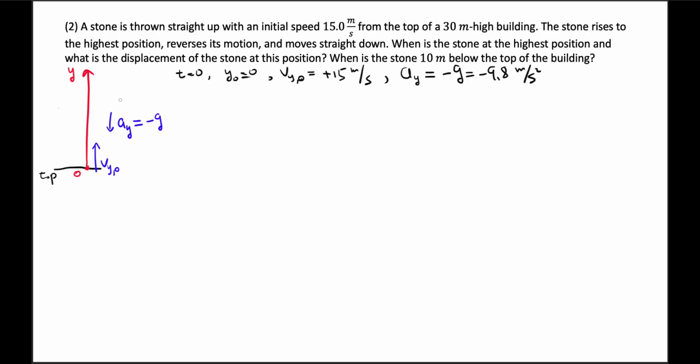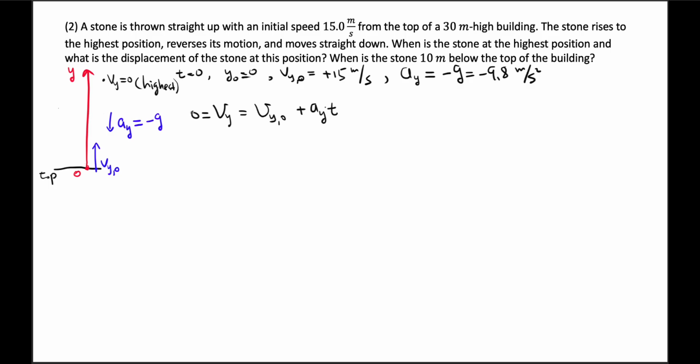Now with that, I can write down the final velocity as a function of the initial velocity plus the acceleration times time. And then I can figure out the highest point. The highest point is the point where we have velocity equals 0. So v1 equals 0 at the highest position. All right, so let's put in the numbers.